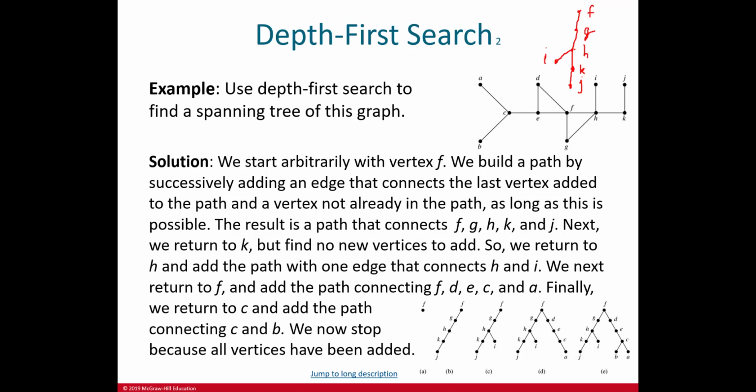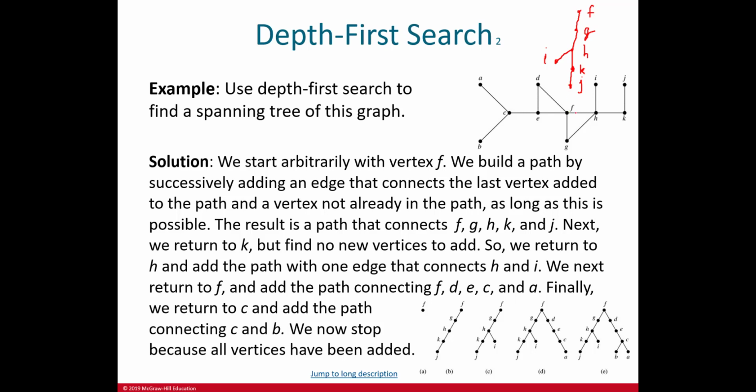Now I backtrack, I go to G, and from G what else can I add? I have already added F, I have already added H, so that's all. Now I backtrack to F, and I see, are there any other vertices that I can cover from F?